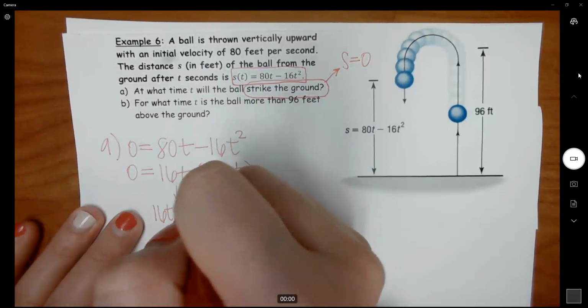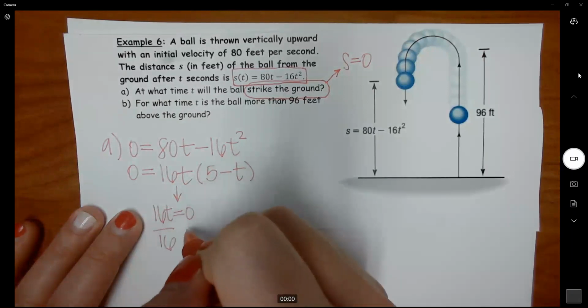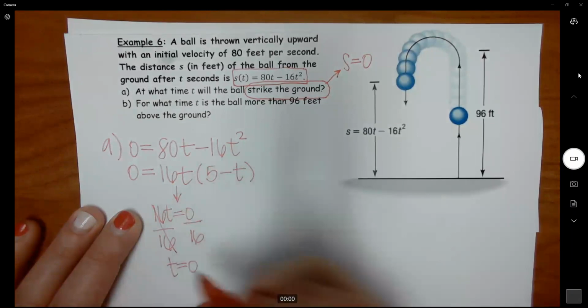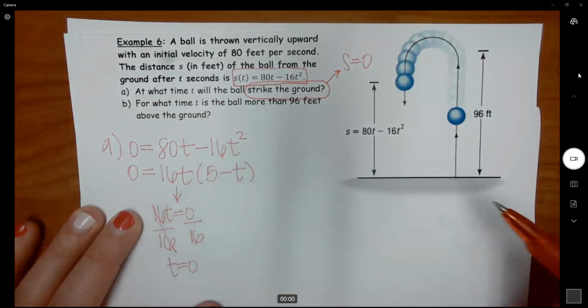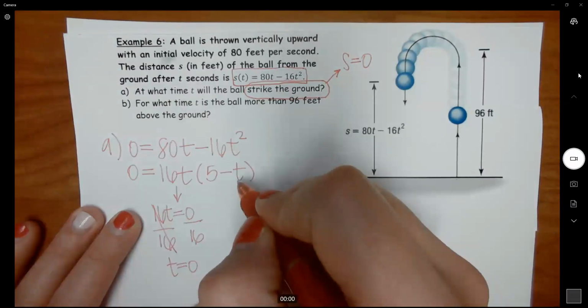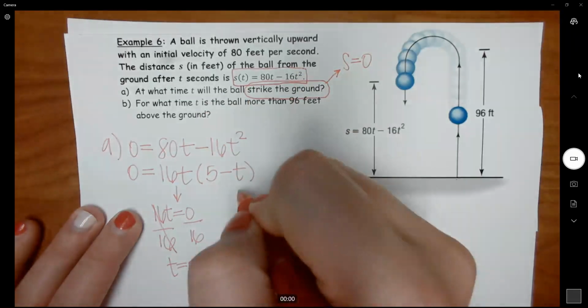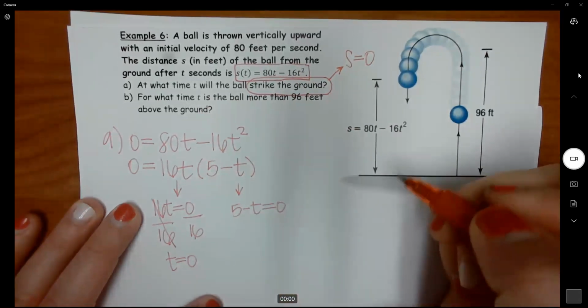Here we get 16t equals 0. I'm going to divide by 16, and we get t is 0, which should make sense. At time 0, the ball is on the ground. It wants to know when will the ball strike the ground, meaning it wants the second one. So take this one and set it equal to 0 and solve.